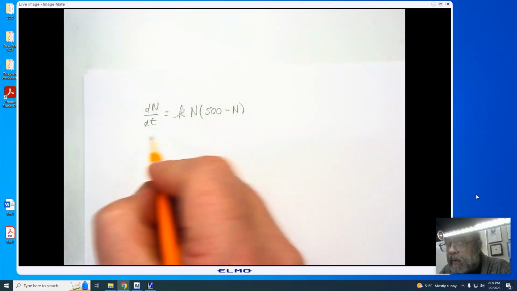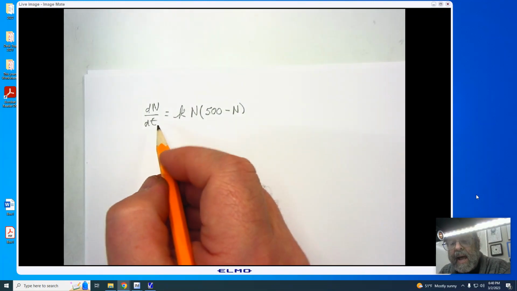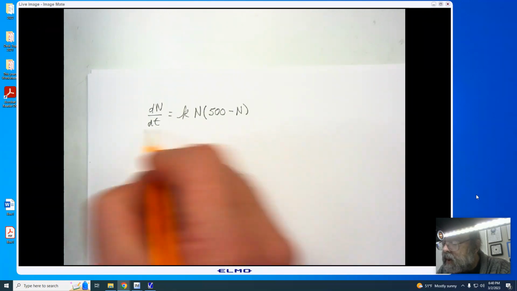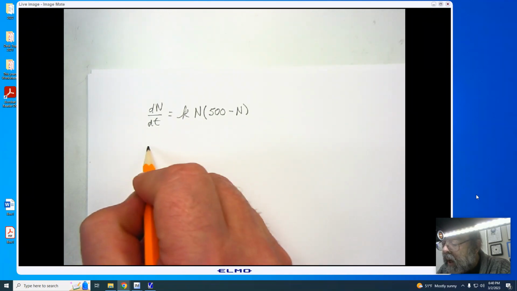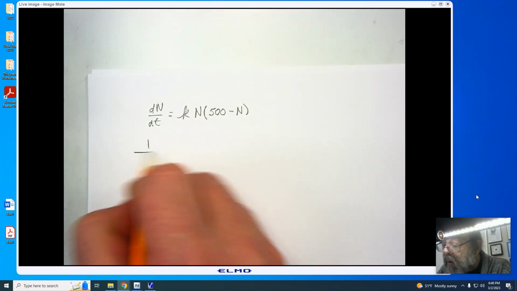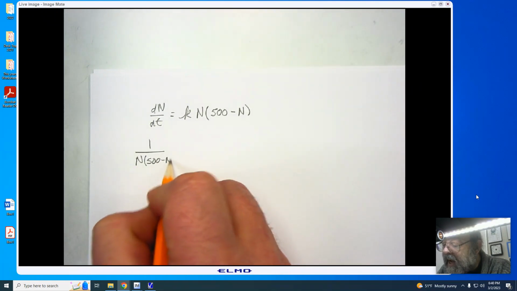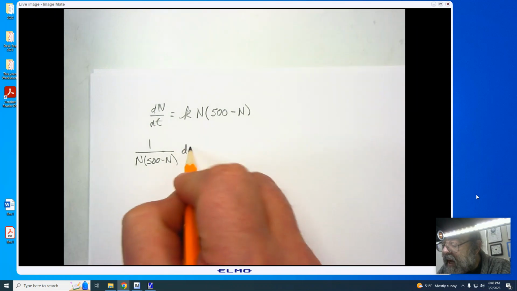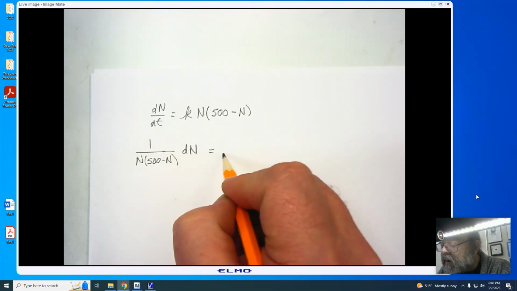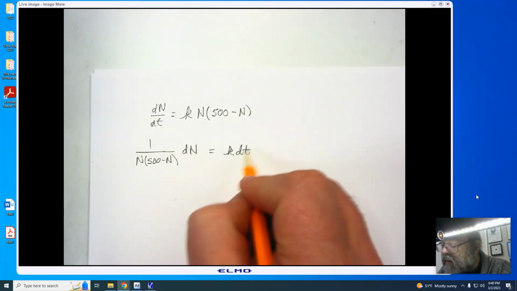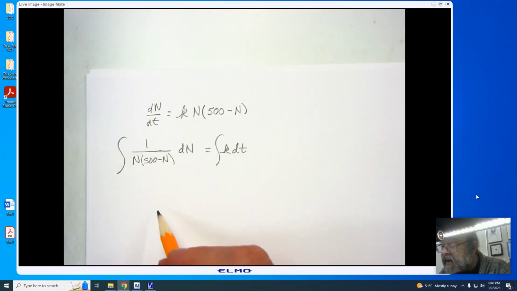We're now going to separate our variables, and as we separate the variables, I'm going to end up with 1 over n times 500 minus n dn is equal to k dt. We then integrate both sides.